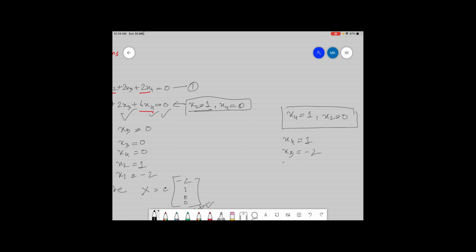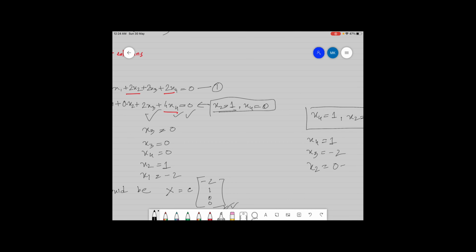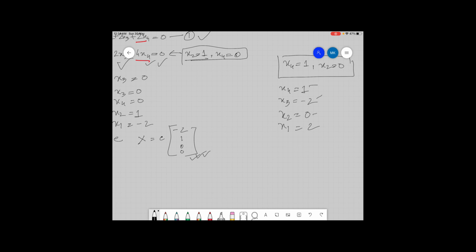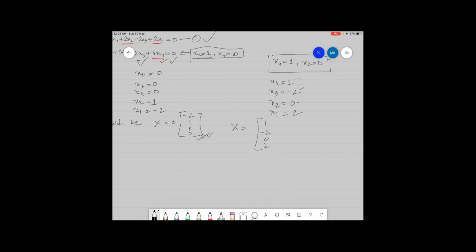Since x2 equals 0, if we put all these three values in equation 1, we get x1 equals 2. So this is another solution, x equals d times (2, 0, -2, 1), and any multiple of this solution is a solution itself, so we can multiply with d.